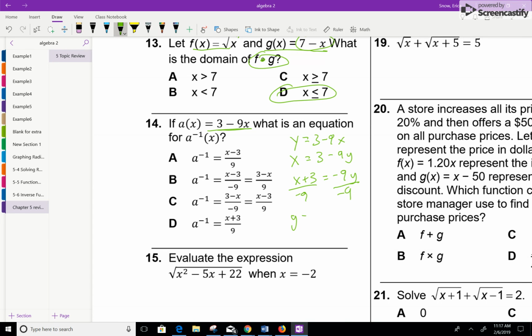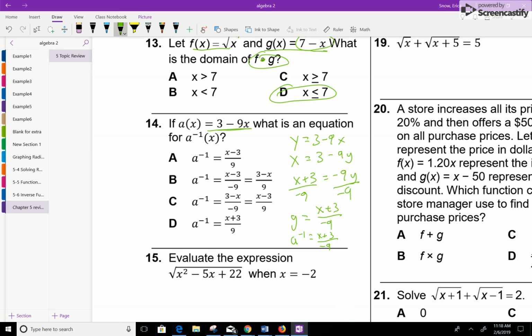So y equals x plus 3 over negative 9, or f inverse equals x plus 3 over negative 9, which we can take out. Some of these have the negatives gone there.